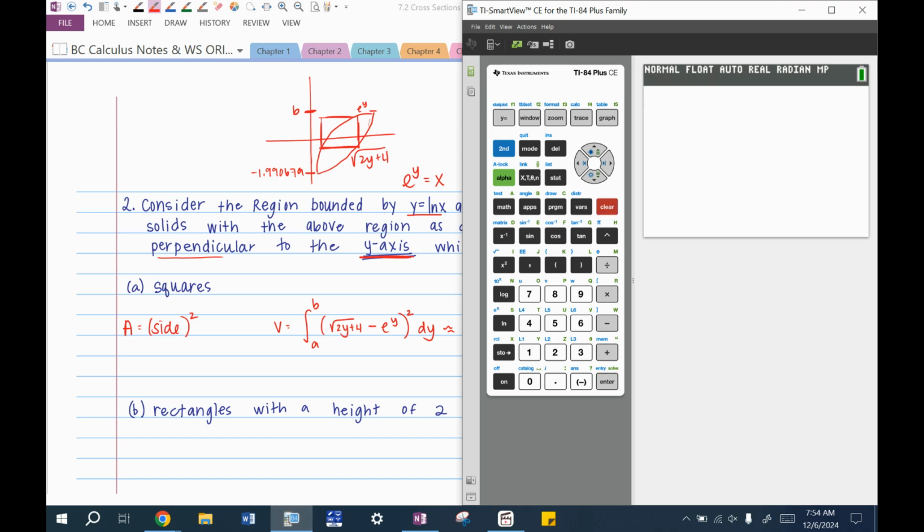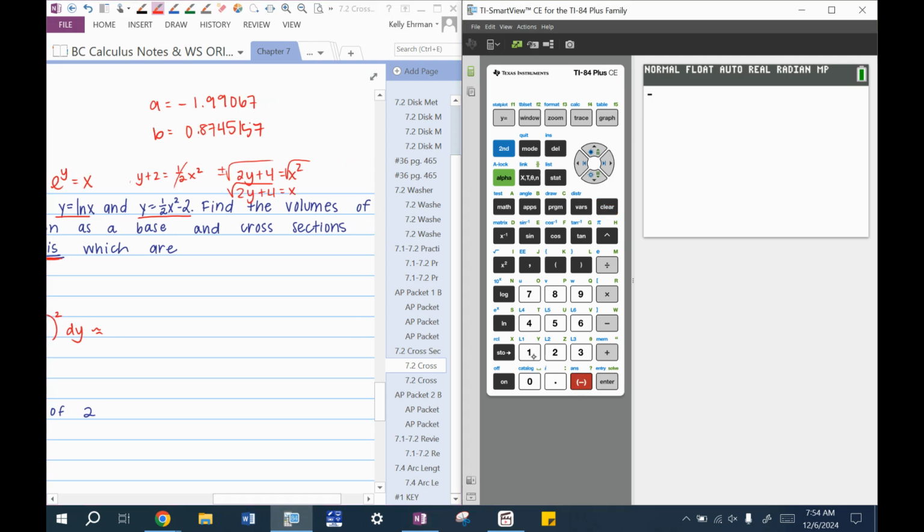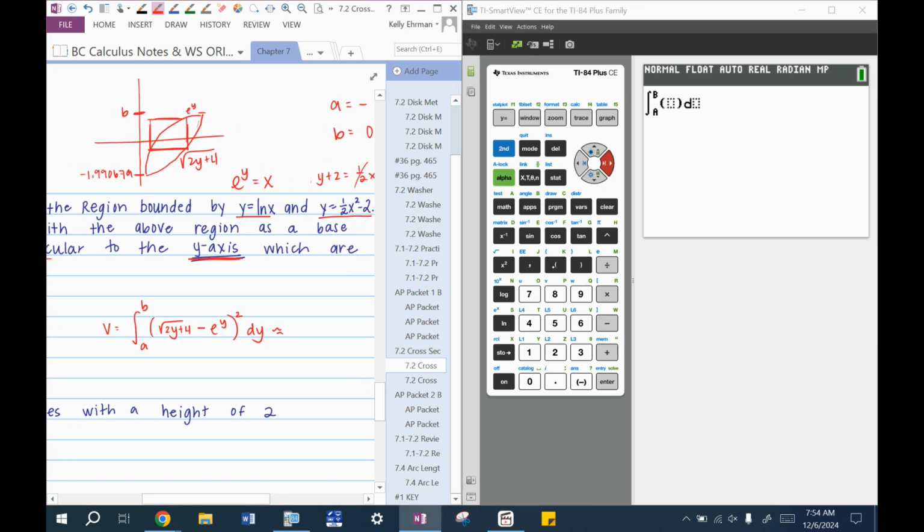Okay, so I need to store new a and b values. Let's type these out first. Negative 1.99067, store alpha A. And 0.8745157, store alpha B. So now math 9, alpha A to alpha B. And then parentheses, square root of 2x plus 4.